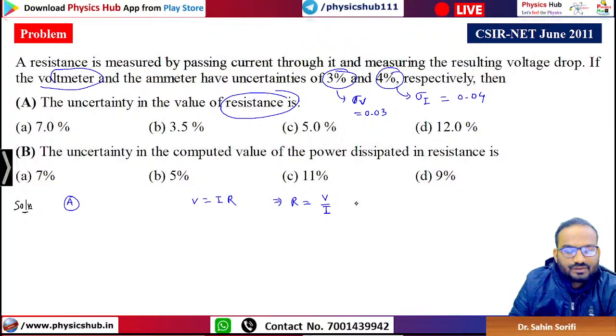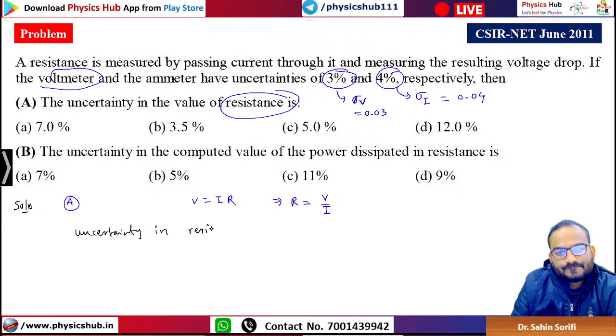You see, if I calculate the uncertainty in the resistance, uncertainty in resistance is delta R by R into 100%.